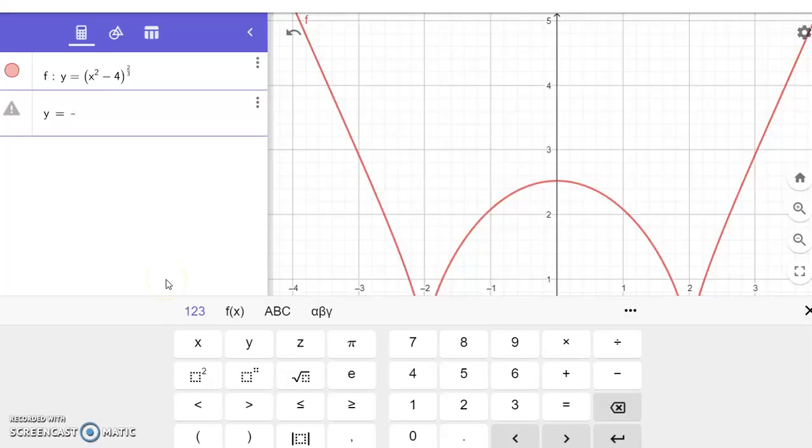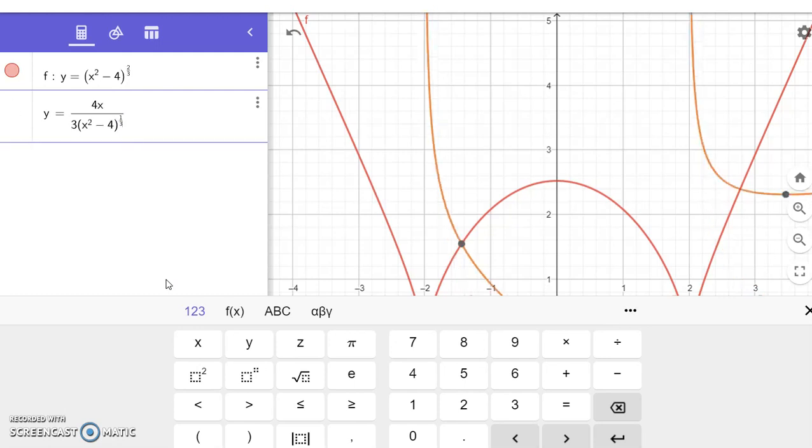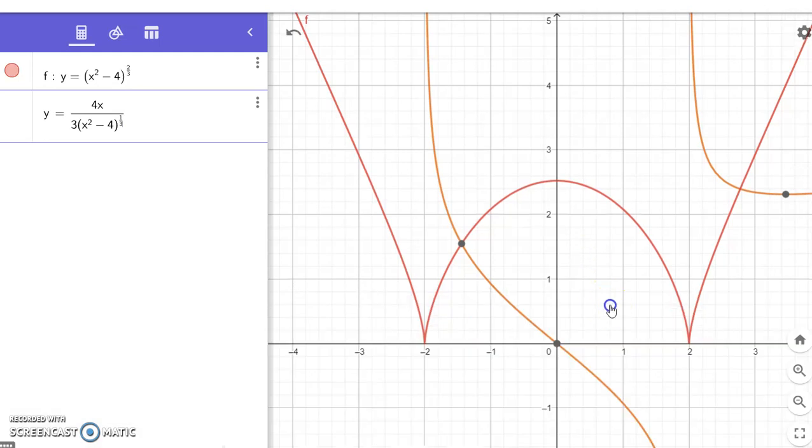Let's go ahead and graph it and see what it looks like. So we'll have y equals 4x on the top. I have 3 times, ooh, something happened there. So we got x squared minus 4 to the power of 1/3. Ooh, all right. A lot going on here. Let's take a look.